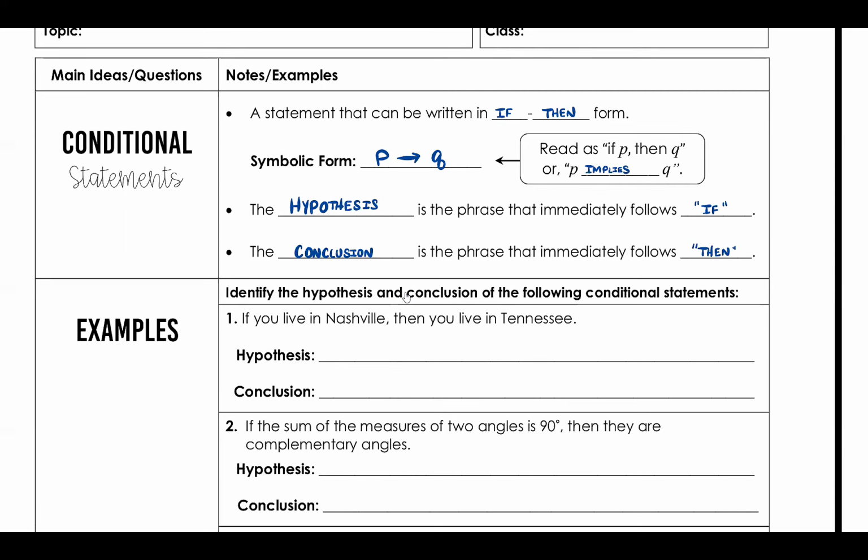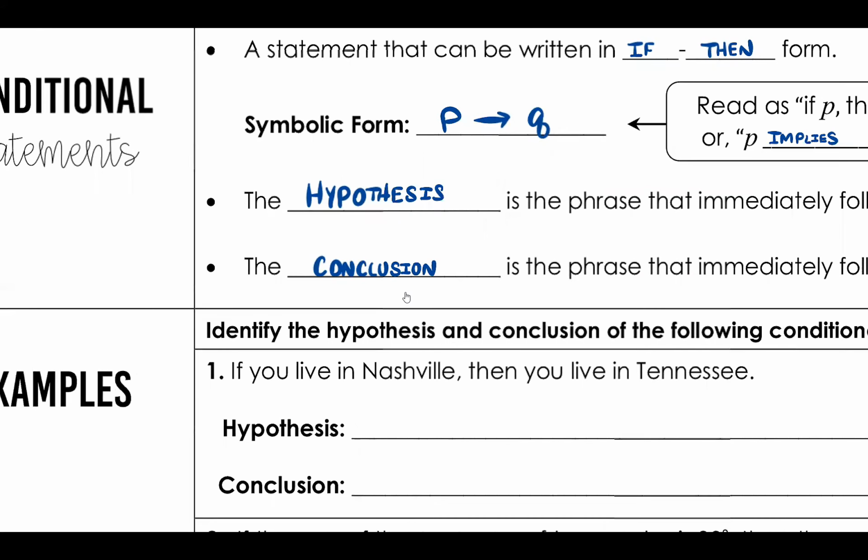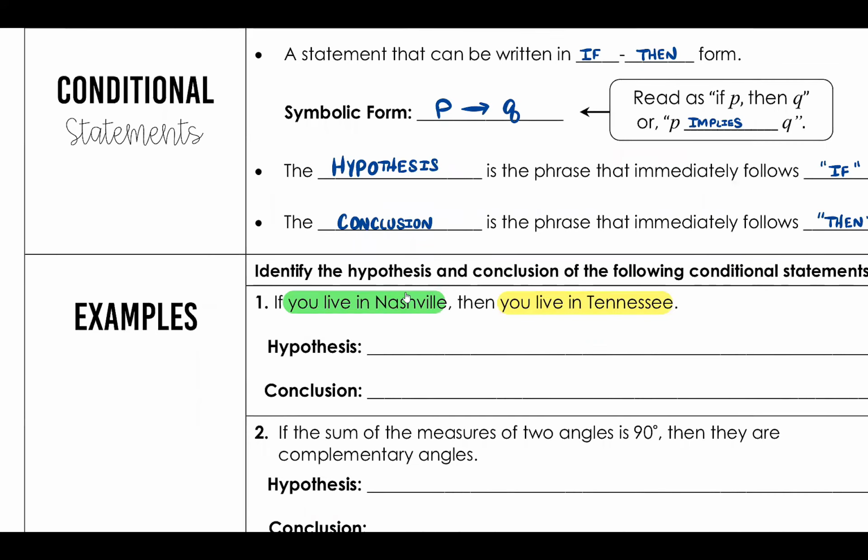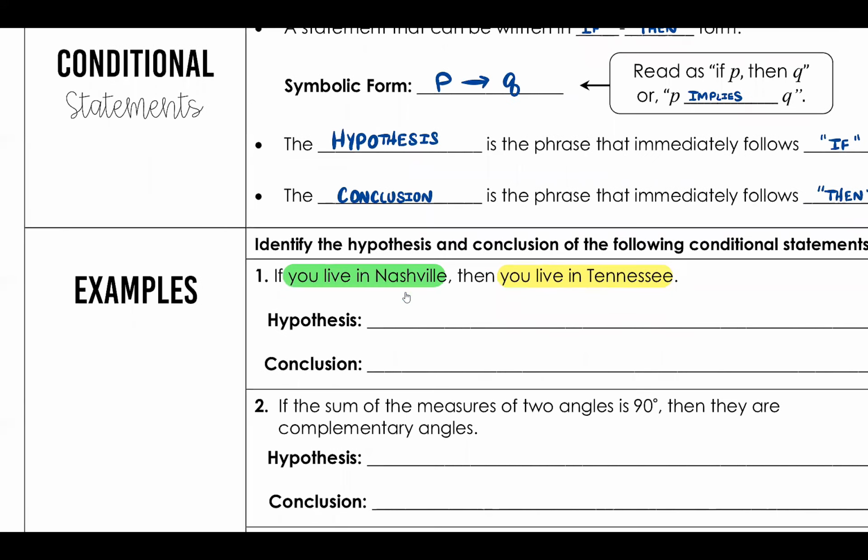So our hypothesis is going to be the first part. It does not include the word if, only what comes after it. So it says, you live in Nashville is our hypothesis, which means our conclusion is you live in Tennessee. When we write down our hypothesis and our conclusion, we're not going to include the word if or the word then.